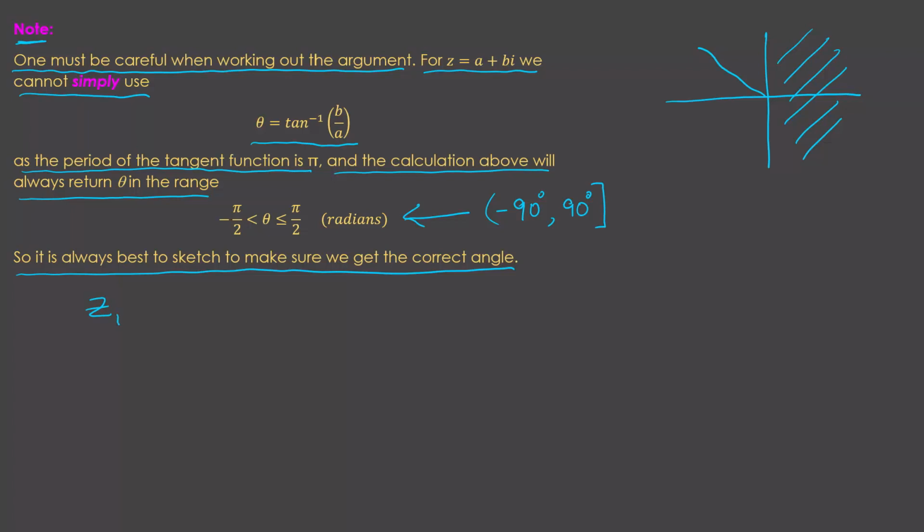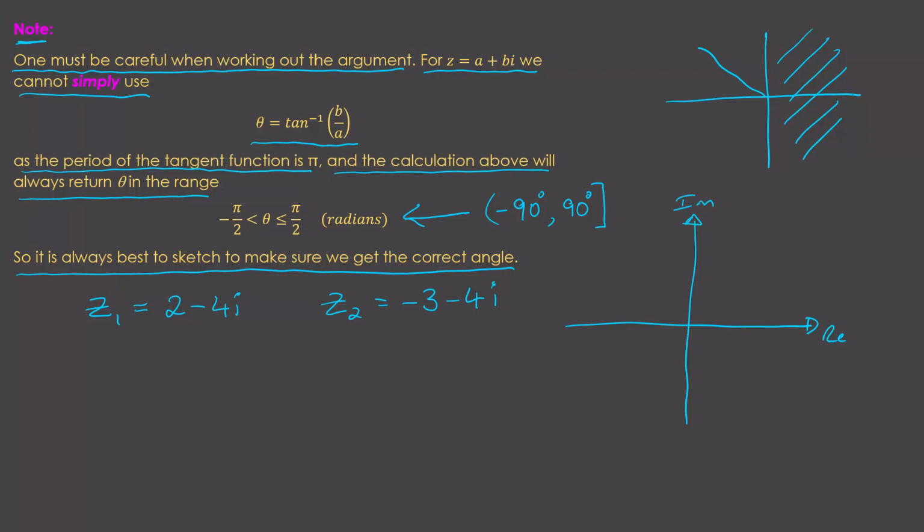Let's say we've got Z1 is equal to, let's go for 2 minus 4i. And let's have a Z2, which is, say, negative 3 minus 4i. Now, if we look at a quick sketch here, so we'll go re and im.